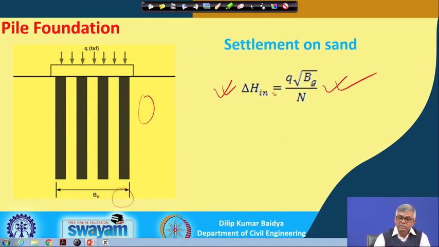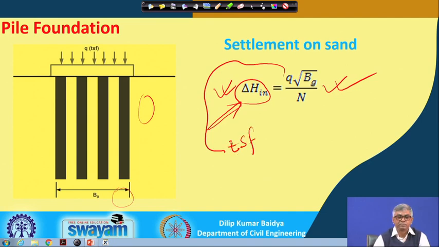You can see the expression is given that delta H will be coming in inch finally, and this q will be used in ton per square feet. Unit of q is tons per square feet, and Bg is what actually? If there is a group, something like this, suppose, the minimum width.